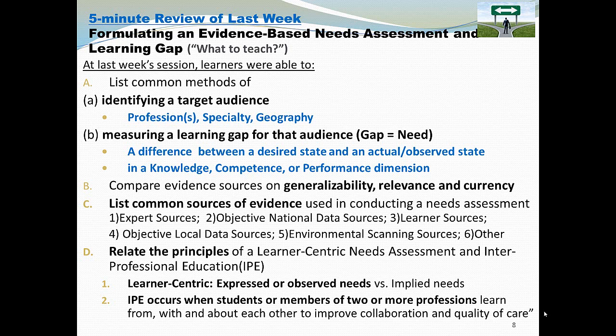I believe there was an old saying: when you don't know what you need to know, that's an implied need. And we define interprofessional learning, or IPE, as whenever a student or member of two or more professions learns side by side with each other, from each other, or about each other to improve collaboration and the quality of care. That's IPE.